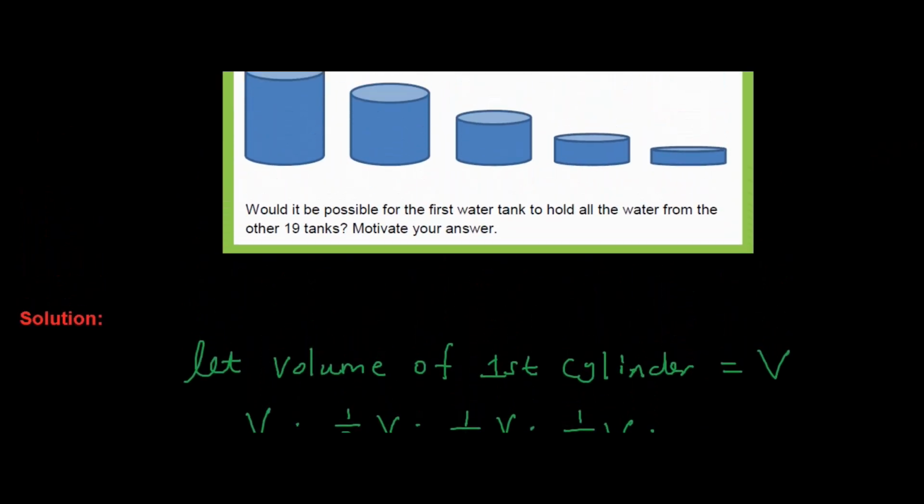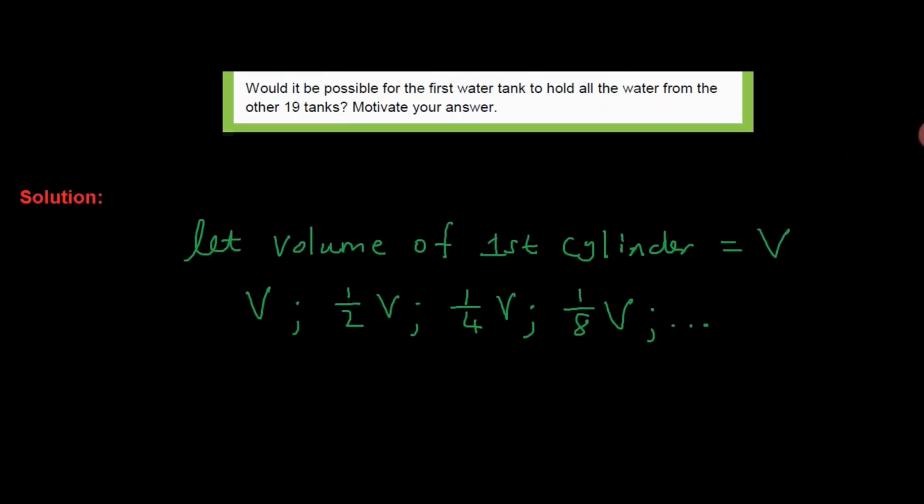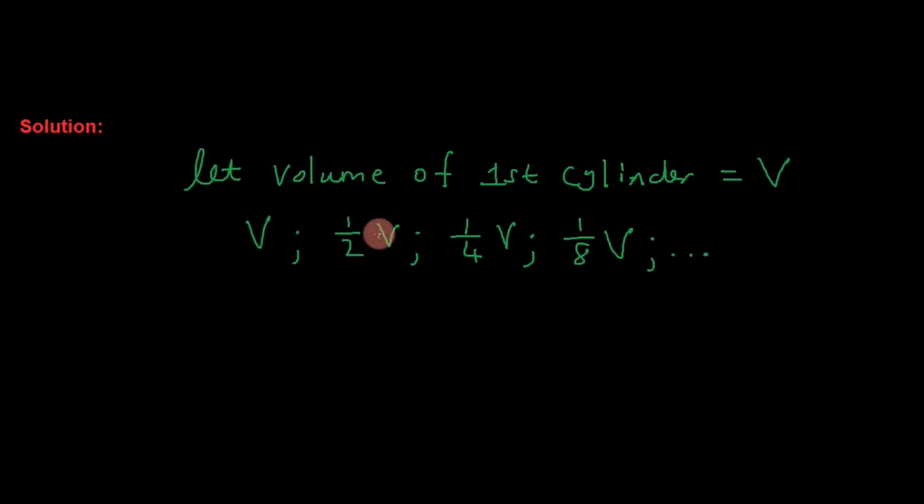Now, the question says, would it be possible for the first water tank to hold all the water from the other 19 tanks? So we basically have to decide whether, when we sum the volumes of the remaining 19 tanks, in other words, when we sum a half V, a quarter V, an eighth V, etc., up to 19 terms, that volume will be more or less than the volume of the first tank.